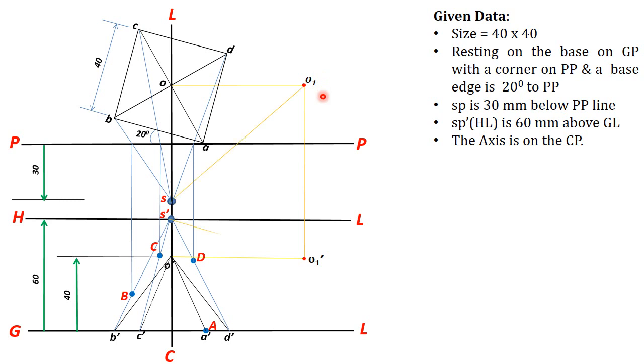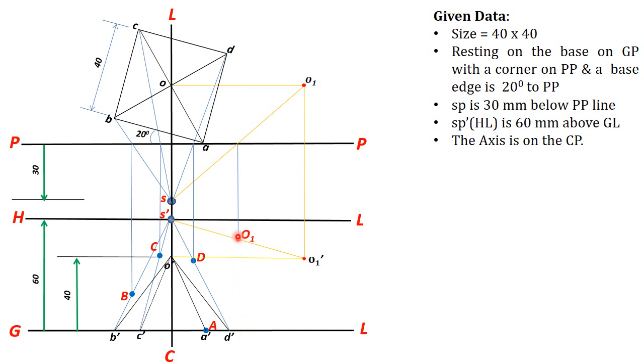We draw visual rays in front view and top view, and draw perpendicular projector from the intercept at PP. You will get O1. Okay, so this is the perspective point of the point O1. Okay, now this is the location. This is actually the location of the point O.